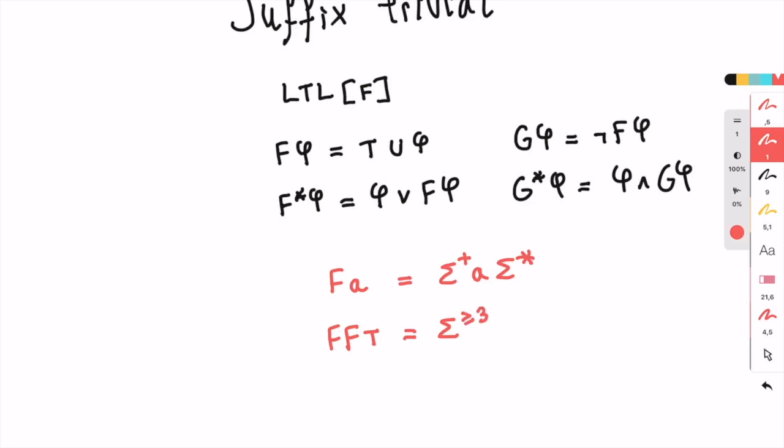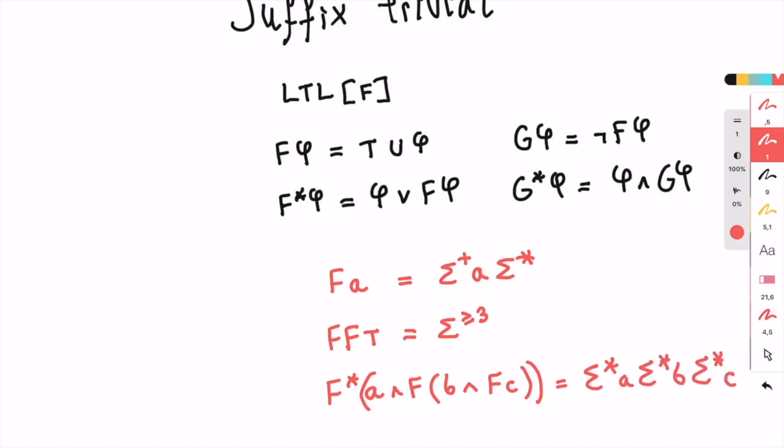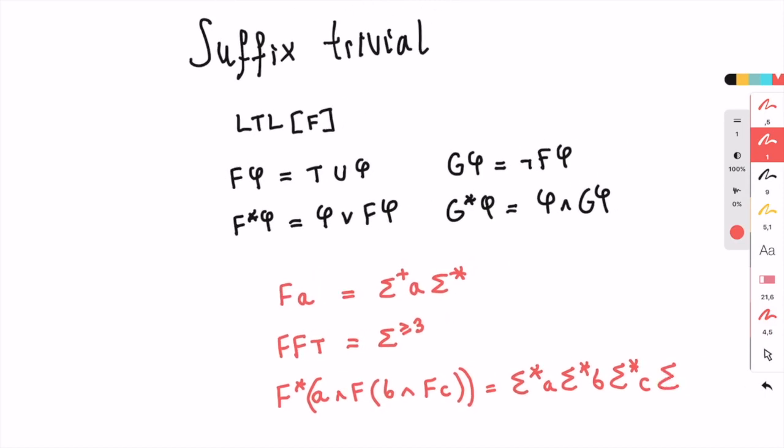We can say that a word contains a subsequence, say, of the form ABC. Here it doesn't matter if I use strict or not strict until. Strict means without the star and not strict means with the star. So this is words which have A followed by B followed by C followed by something.